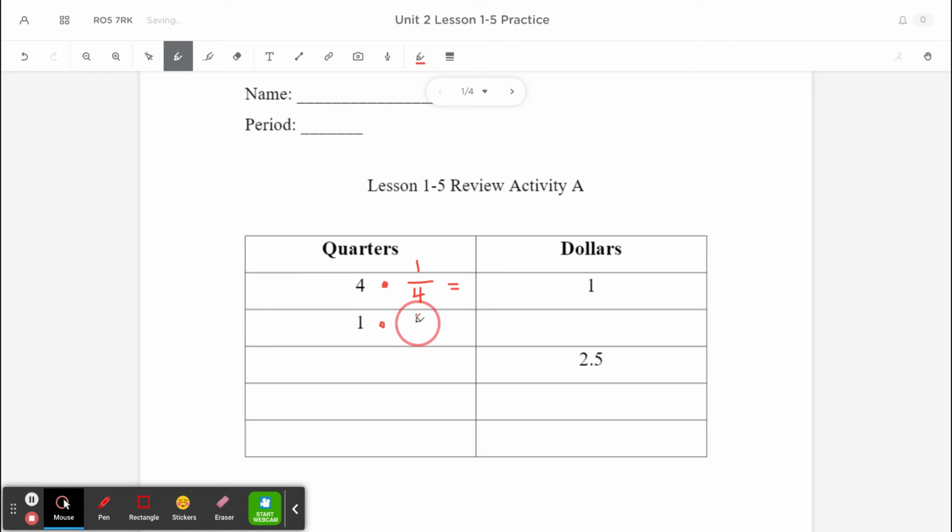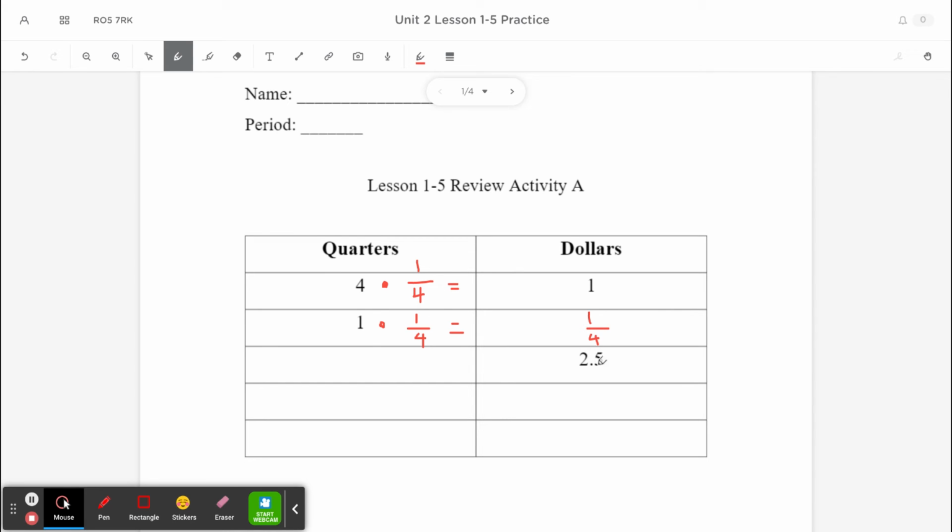1 times 1/4 is equal to 1/4. Or in other words, that 1/4 is 1/4 of a dollar, which we know to be true because there are 4 quarters in a dollar.